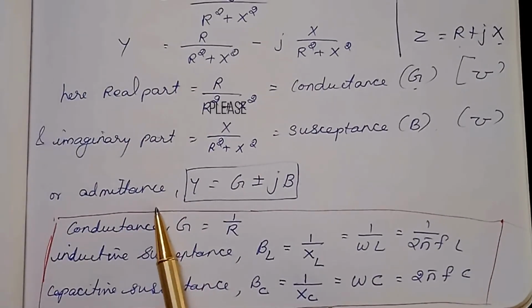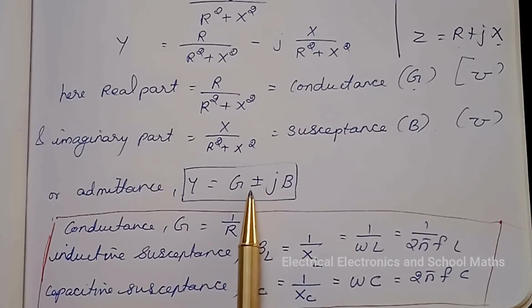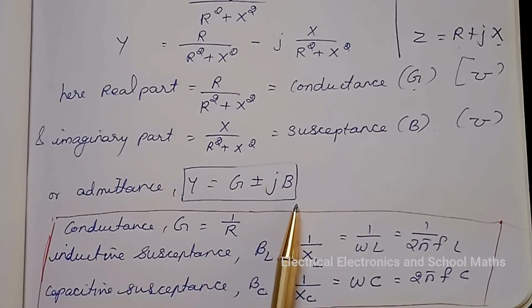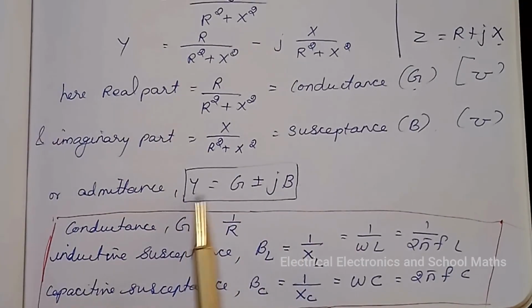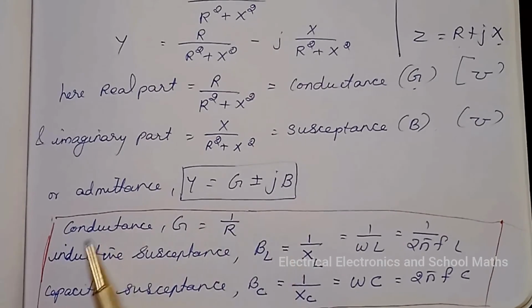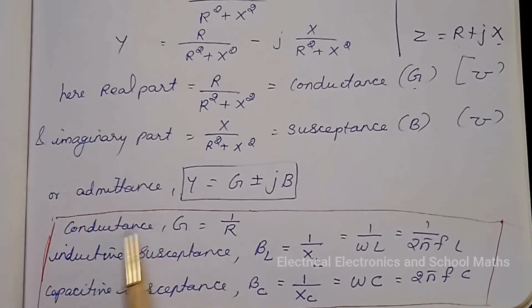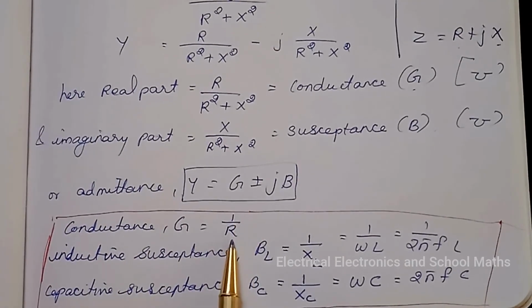And in general we can write admittance Y equal to G plus or minus jB, where G is the conductance and B is the susceptance. So we can write in general conductance G equal to 1 by resistance.